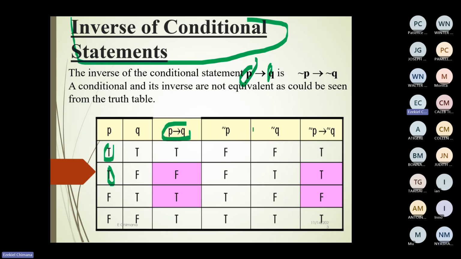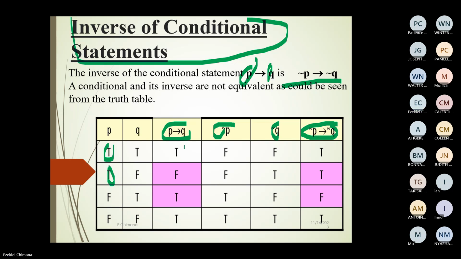You want to find the inverse, the negation of P implies negation of Q. That's why we have this negation of P and negation of Q, so that it will be easier to do the implication by just looking at these values rather than first flipping the values and then doing the implication. That's why you have these extra 2 columns. And then the result is this one, which is our inverse statement.